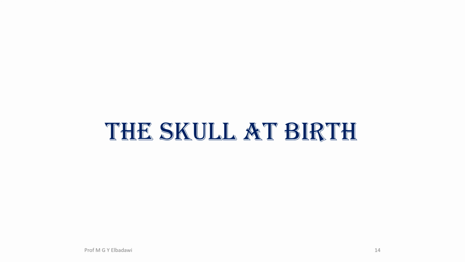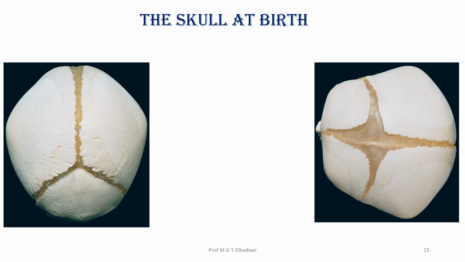Now, the skull at birth, how it looks. That is the skull at birth, where if we look from the norma verticalis from above, you can see the different bones are separated by these sutures here and here.